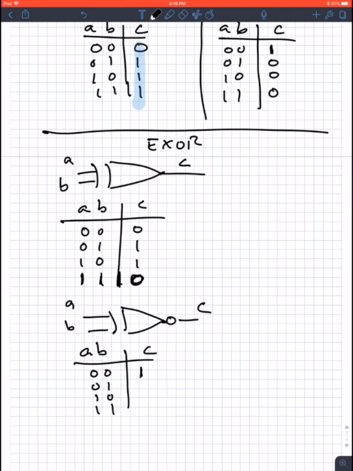So this would look like 1, 0, 0, 1. Okay, so this is called an equivalence gate because if A and B, they're the same thing. They're equal. 0 and 0, you get a 1. 1 and 1, you get a 1. If they're different, you get zeros. So this is an equivalence gate.